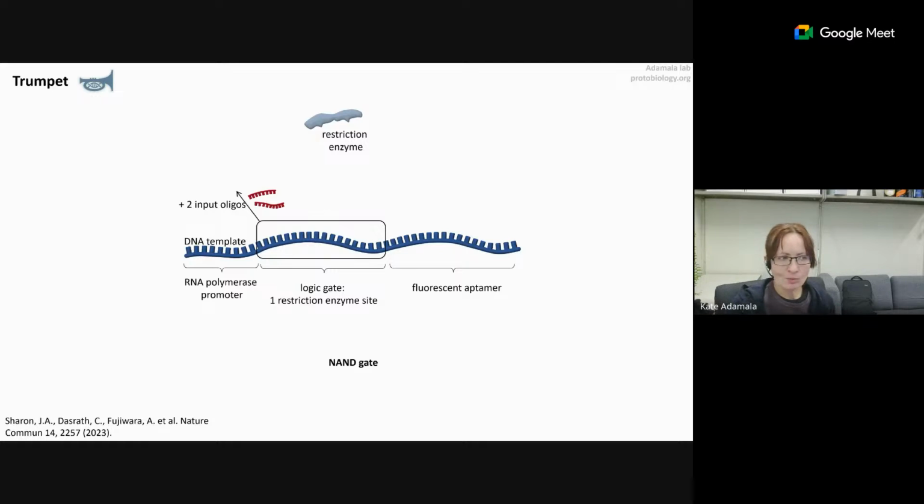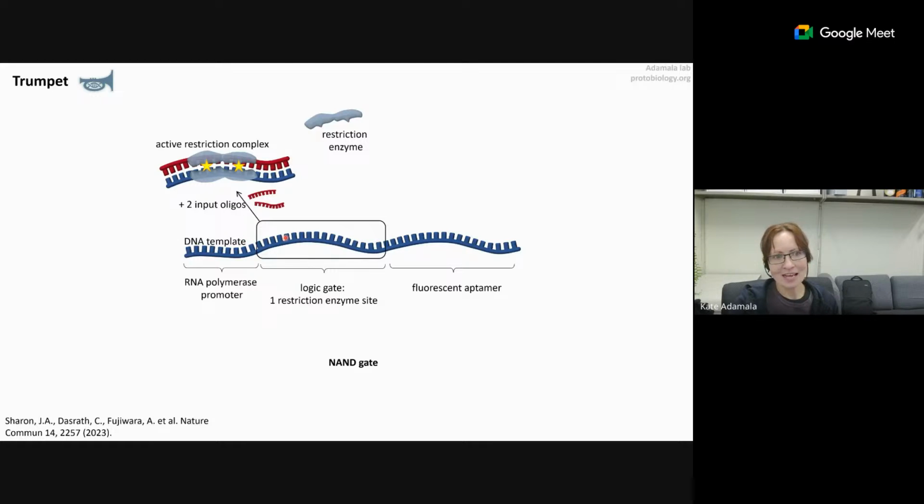And then we also get what we call input oligos. These are the ways to program our gate: short, single-stranded DNA oligos that we add to the gate to perform operations. And so if we have our NAND gate template and we add two input oligos to our gate, those input oligos hybridize, or bind, to that logic gate area of our gate template.